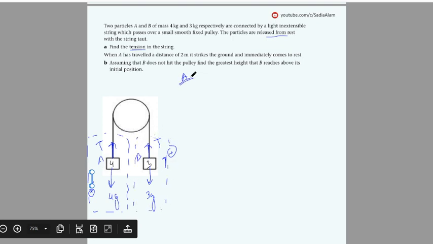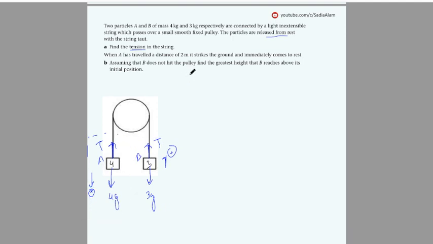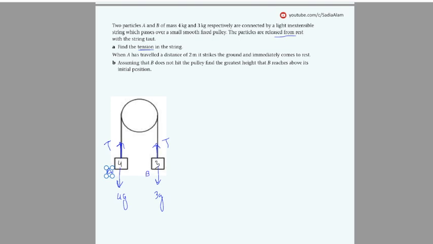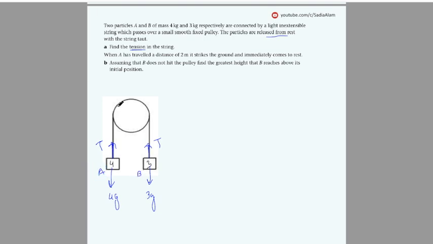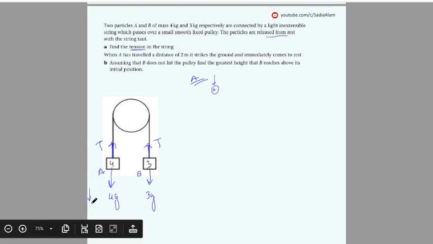So for particle A, F equals MA. A is moving downward, so I will take downward as positive, and B will move upward.